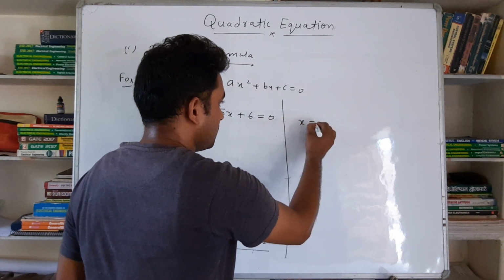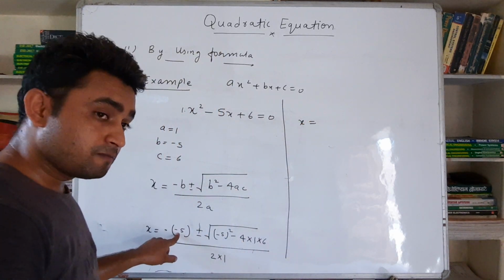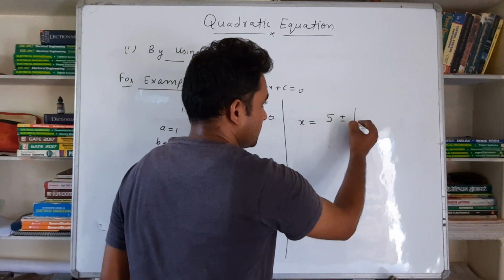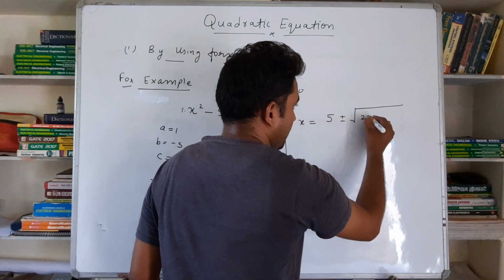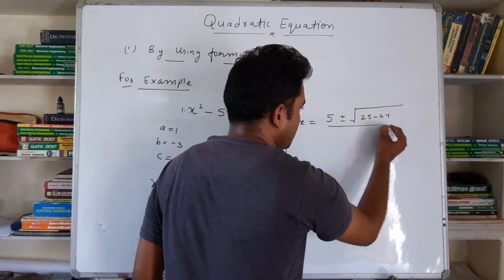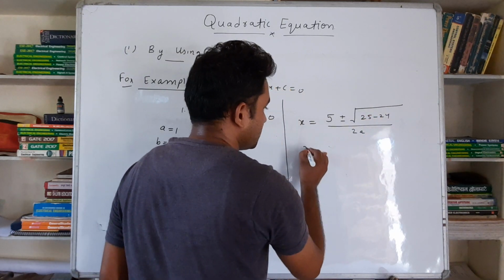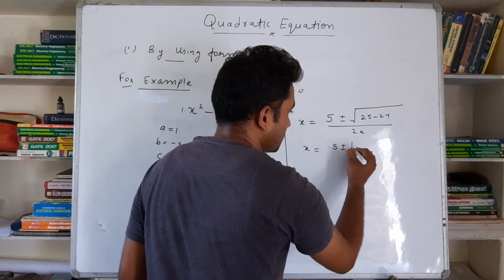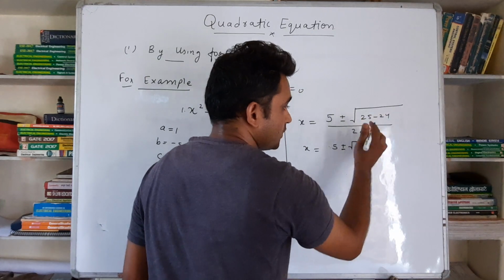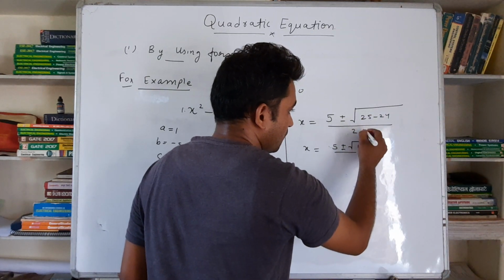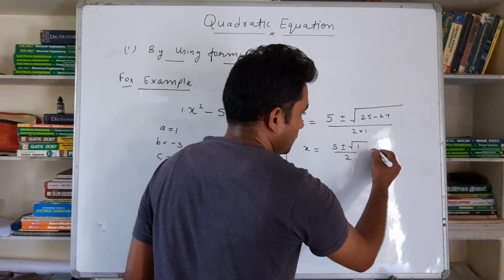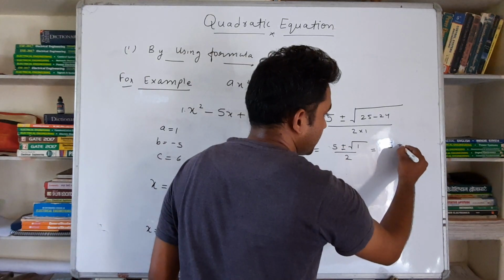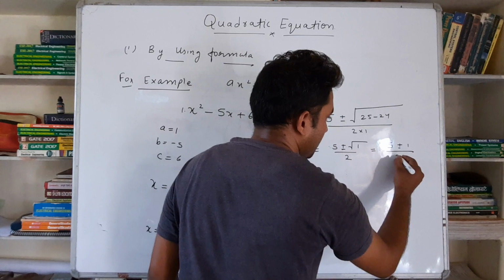So x equals minus multiplied with minus 5 gives plus 5, plus minus square root of 25 minus 24 upon 2a. So x equals 5 plus minus square root of 1, 25 minus 24 is 1, and 2 into 1 is 2. The square root of 1 is plus minus 1, upon 2.